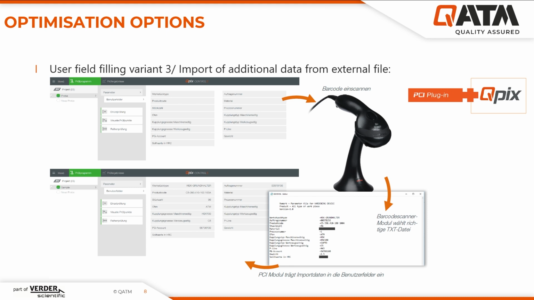So the operator only has to scan and to define the position for the test. Everything else will be done by the software. Also in this case, it's completely automated. It's an efficient way and a real improvement of the steps the operator has to do.